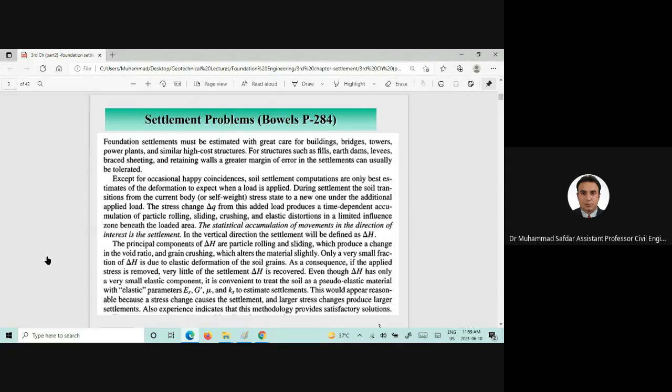Then we will revisit and refresh the concepts which we touched in Geotech 1 related to the vertical stresses for various types of loading.